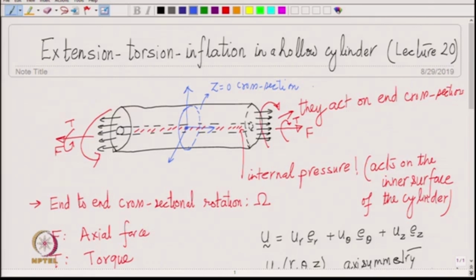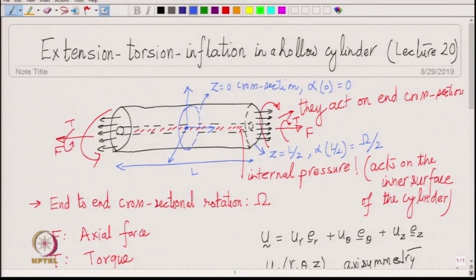So, alpha of 0 is equal to 0. So, this cross section is z equal to L by 2, and for this cross section the alpha of L by 2 is equal to omega by 2, is not it?